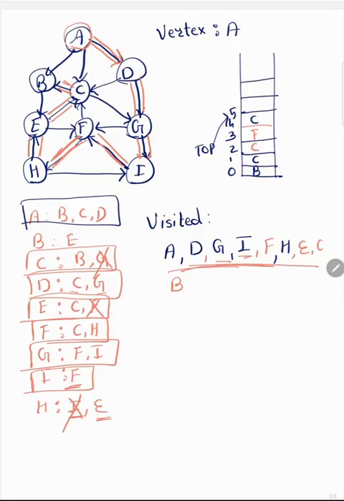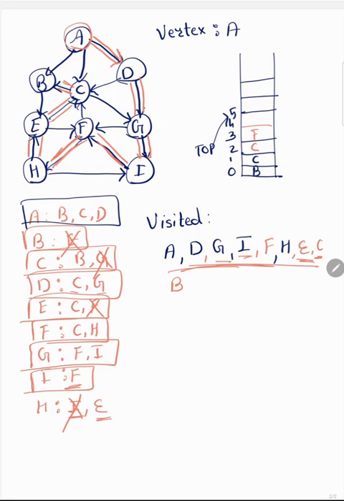And from B, again you need to go to the adjacent of B. The adjacent of B is E, that is already available in my visited list, so no need to push anything. Now you backtrack, you check C. C is already available in the visited list.